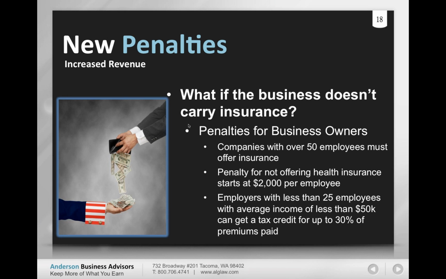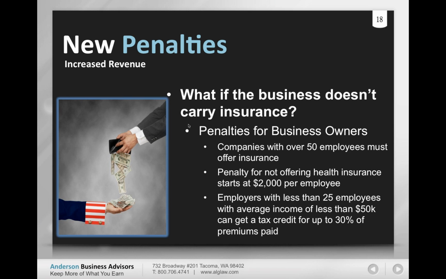If someone works 40 hours, all you have to do is reduce them 10 hours, because by definition, I always thought it was 32 hours, but it's stated in the reports that 30 hours constitutes full-time employment. So if I have someone who only works 29 hours, then I'm not required to count them in my 50 full-time employee calculation.